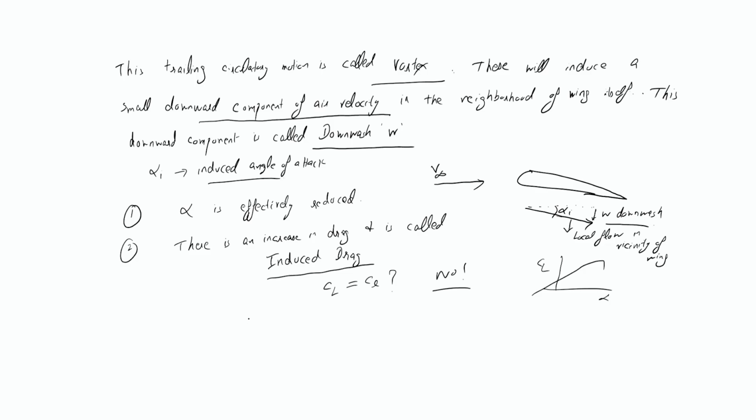Total drag can now be written as capital D, CD, equals small d plus induced drag, CDI. So this small d is the profile drag and this is the induced drag.